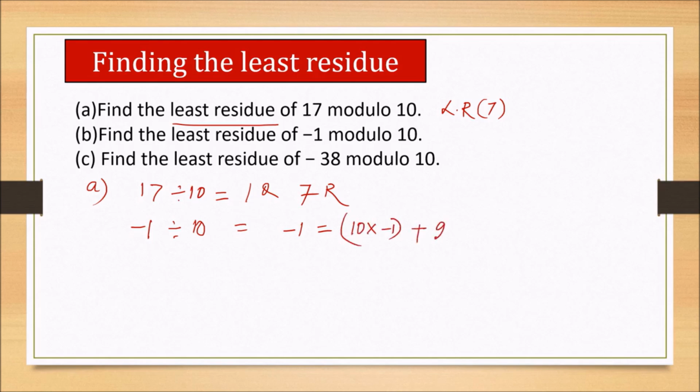So 9 is the remainder here. Or you can think of negative 1 divided by 10, quotient negative 1, negative 10, subtract it, it will be 9. So 9 is the remainder, and so it will be the residue.